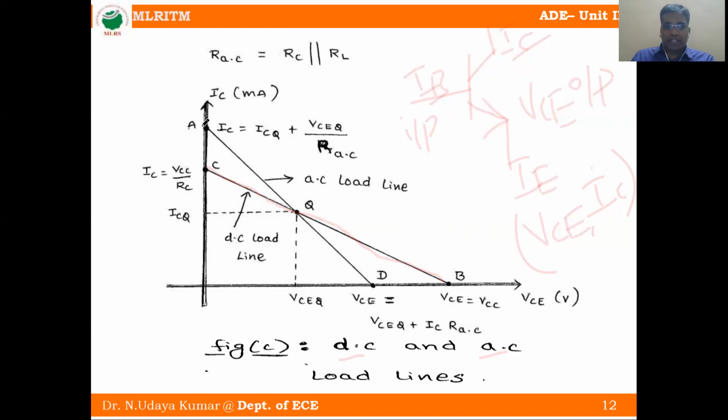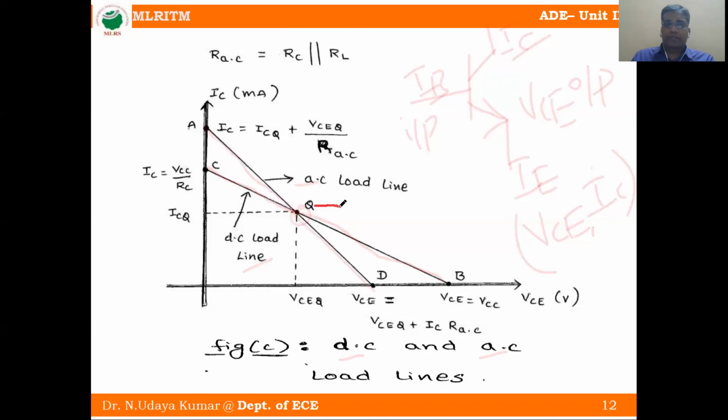So this is called the AC load line. The intersection of the DC load line and AC load line, we call it Q.